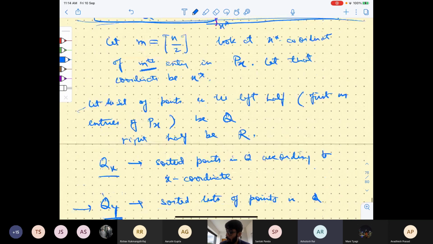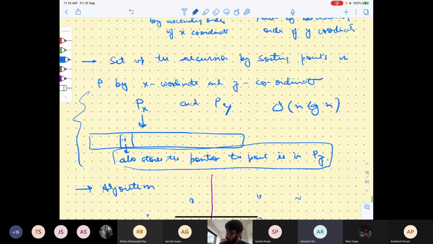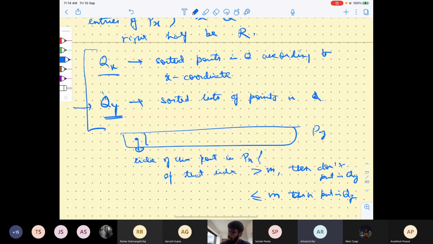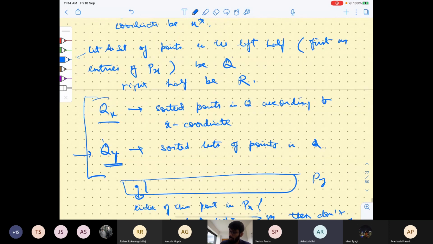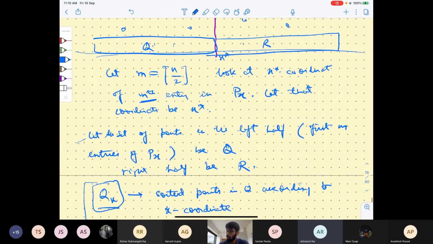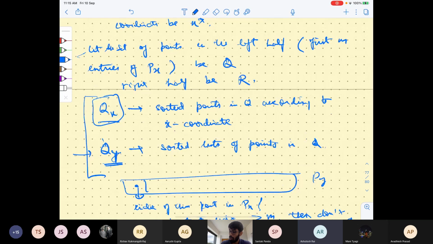So the point of storing the index of the same point in the other list is so that you can construct these lists QX and QY given Px and Py. Q is defined only on the basis of x coordinates, so Q and R are defined on the basis of x coordinates, but still you will need the orderings QX and QY to apply the recursion.